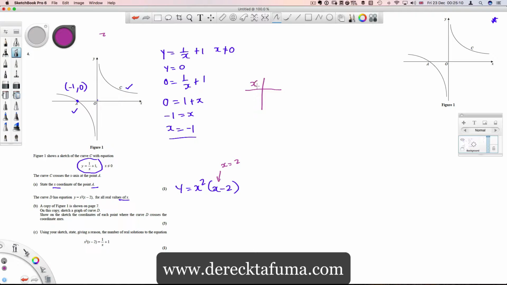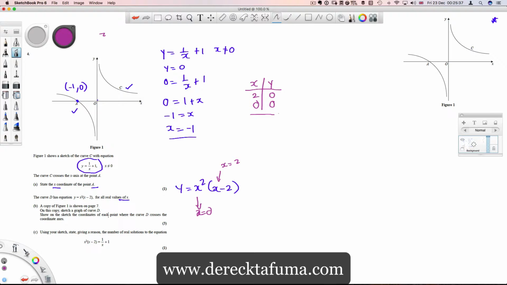So when x is 2, then y is 0. Also when x is 0, it means that 0 times that is 0, so 0, 0. Okay, so those are the 2 points.